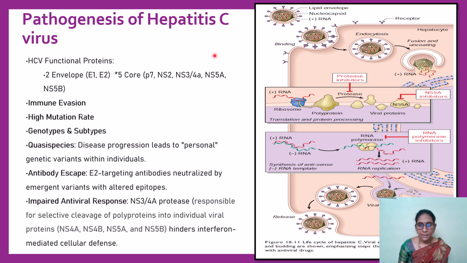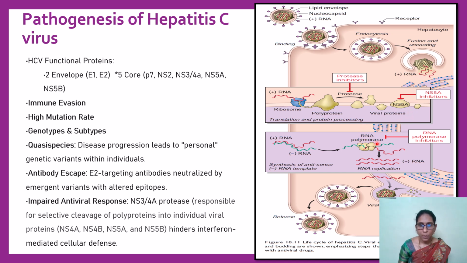Hepatitis C virus is an RNA virus. It is also transmitted through the parenteral route. The organism gains entry into the hepatocytes through the process of endocytosis. It releases the RNA nucleic acid material, and with the help of ribosome, it translates into polyprotein, and with the help of protease, it is cleaved into viral proteins.